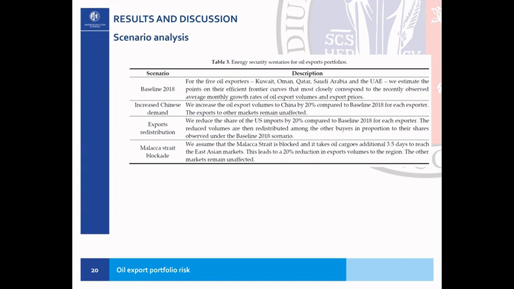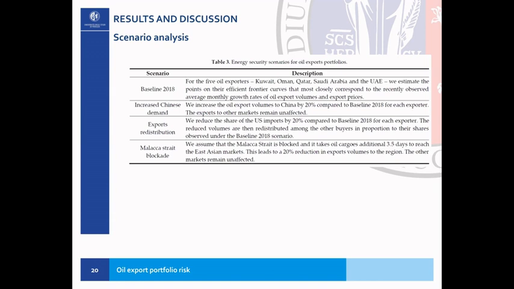Again, a third type of analysis: a Malacca Strait blockade. Suppose that there is a blockade that essentially will make oil cargoes travel 3.5 more days to reach the East Asian markets, which essentially leads to a 20% reduction in export volumes to that region, as a sharp shock.